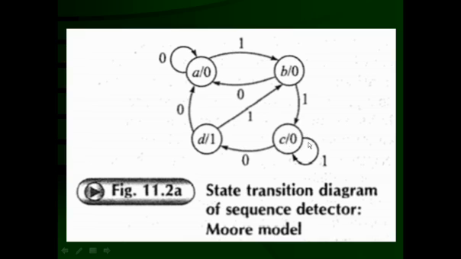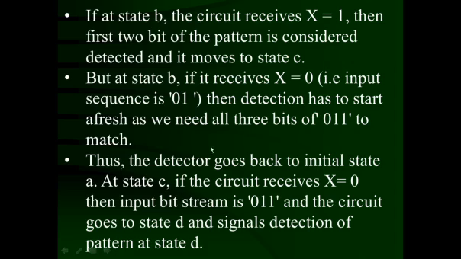If it might have received x is equal to 1, then what will be the data? Output 1 1 1. That means it is a possibility that it can wait for another 0 to be received and complete its sequence detection.